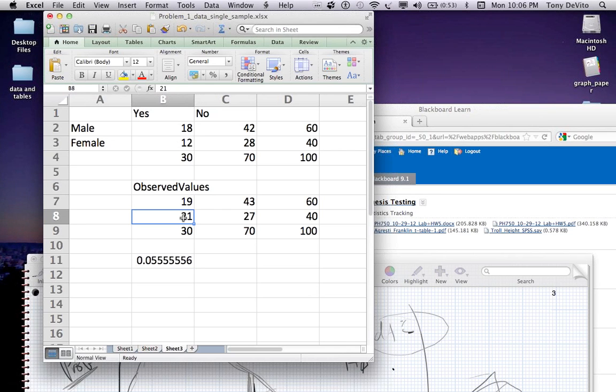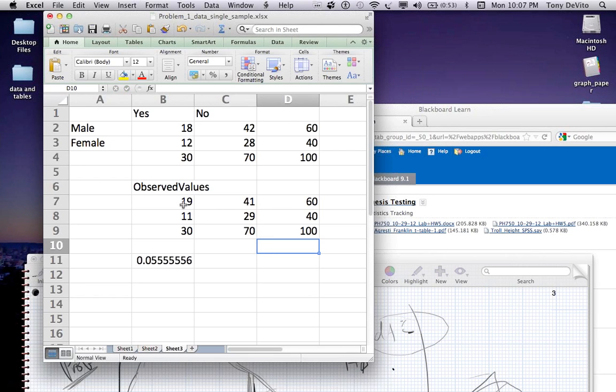Yes, I did. That's going to be 11. And it's going to add up to, what did I do wrong here? 19. I really messed this up. 41. This is 11 and 29. I think I got it right now.